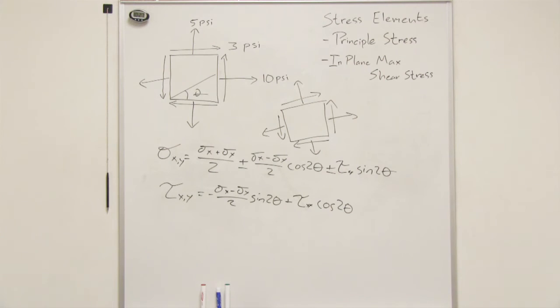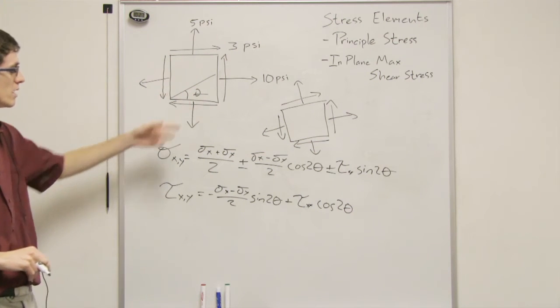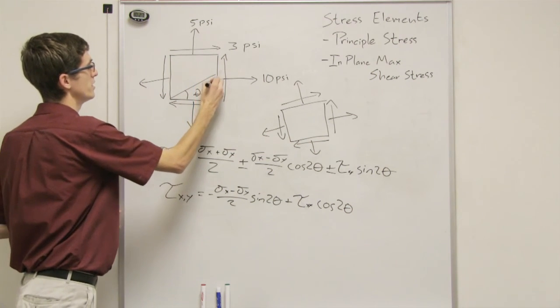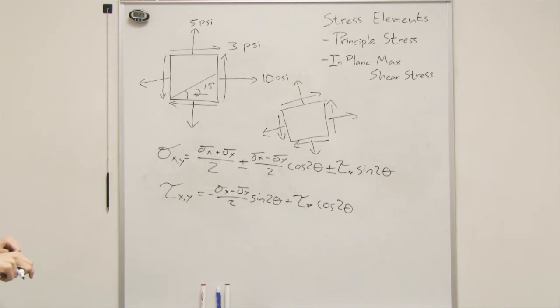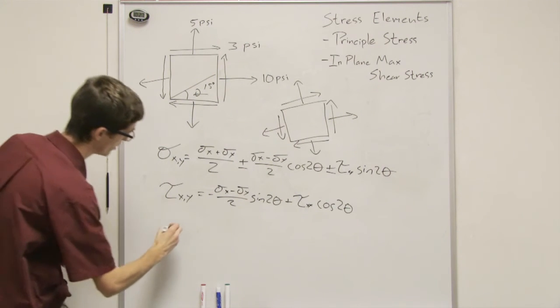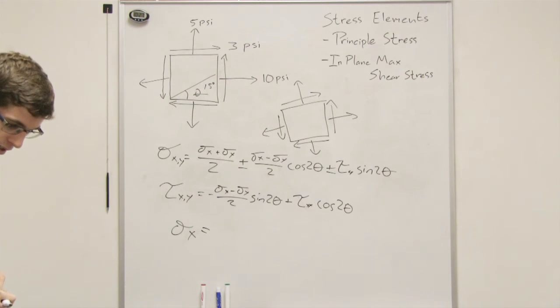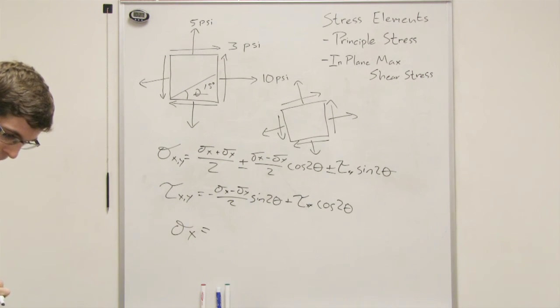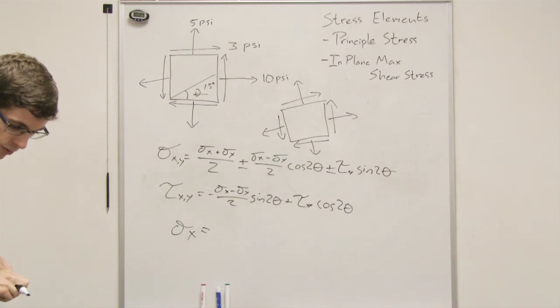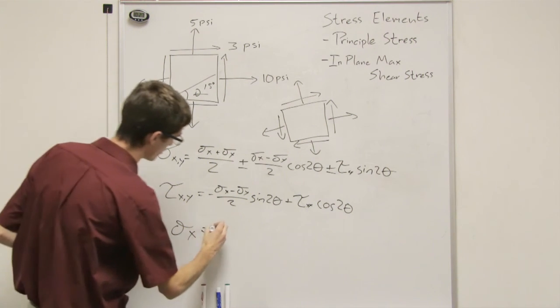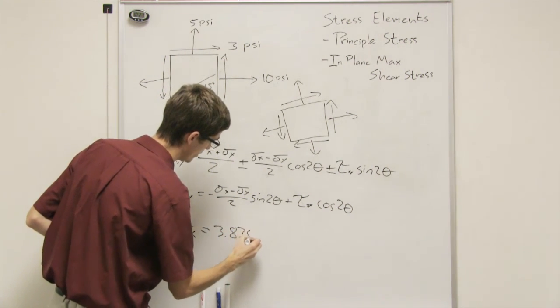We want to find out what our new stresses are if you were to rotate it that much. If we plug these values into the equation with 15 degrees, you would find that your sigma x right here is equal to 3.835. That's what I got, 3.835.